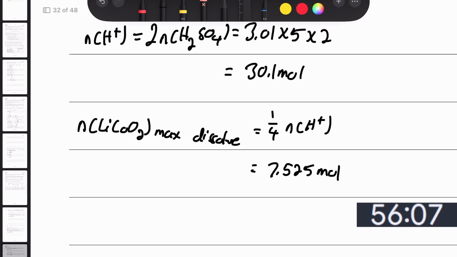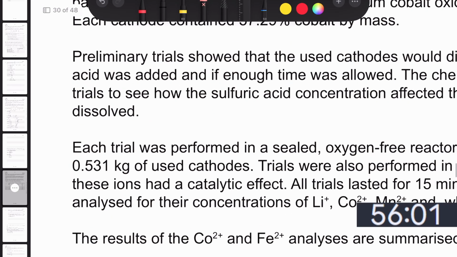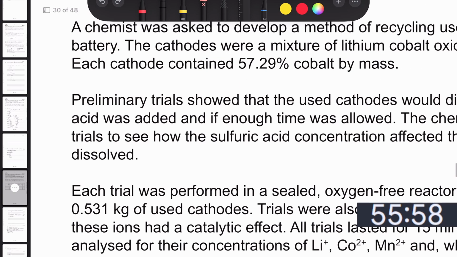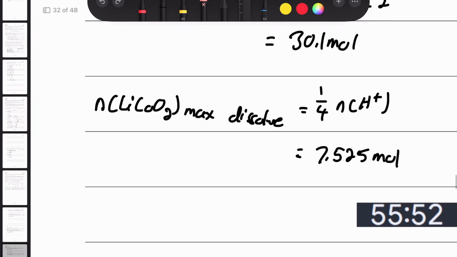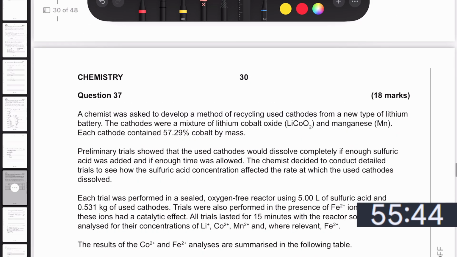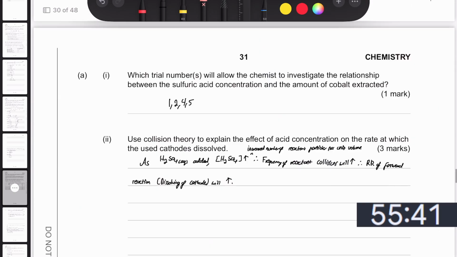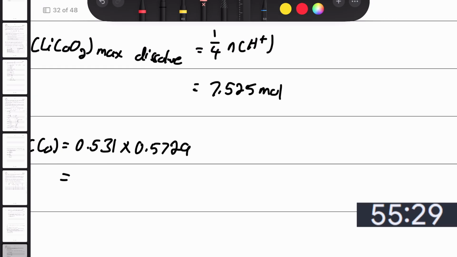So then we know we have that and then that. So the mass of cobalt is 0.531 times 0.5729, which is 0.3042 moles.